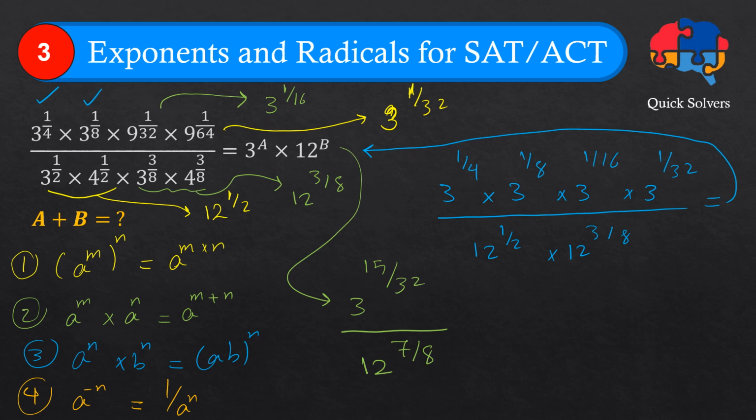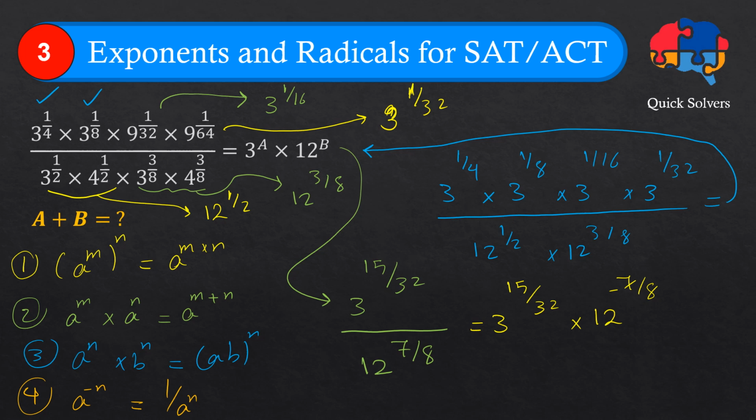And we know from rule number 4, if we have 1 over a to the power of n, this equals a to the power of minus n. So I can take this denominator up, all right? Then I can write this as 3 to the power of 15 over 32 times 12 to the power of minus 7 over 8.